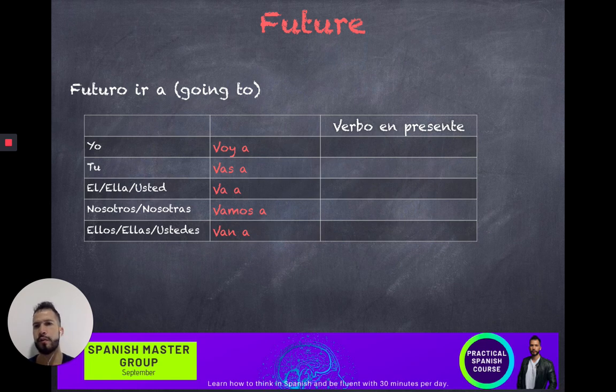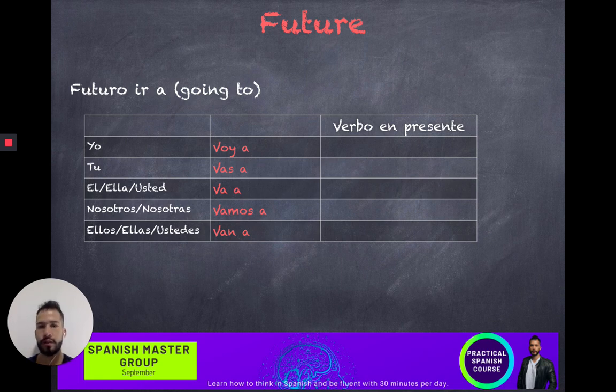And the other form is the going to, ir a. Ir, which is to go, it's an irregular verb, but to use this future form you have to know how to conjugate it. Yo voy, tú vas, él, ella, usted va, nosotros, nosotras vamos, ellos, ellas, ustedes van.